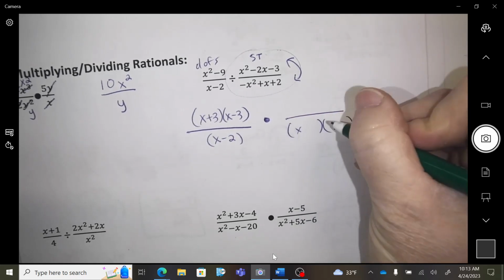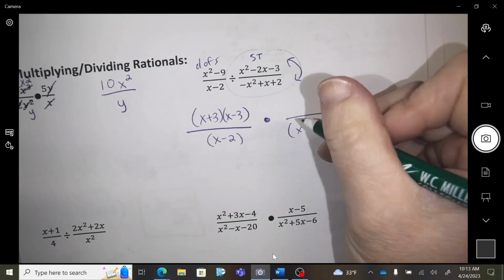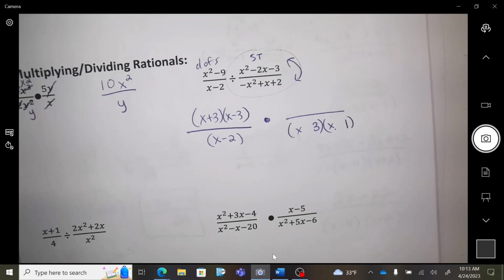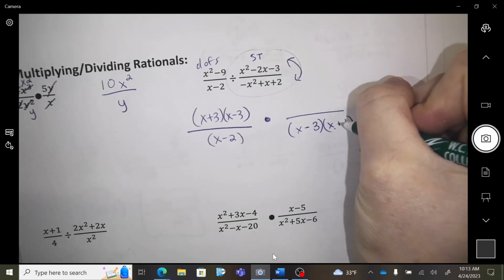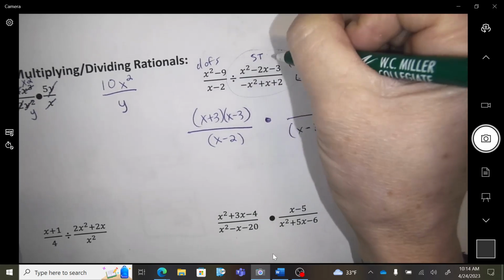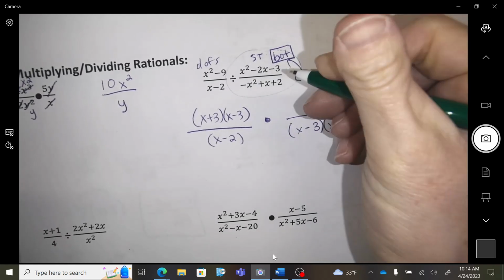What numbers multiply to 3? 3 times 1? You got to get yourself a negative 2 out of that. Okay, so we put that on the bottom.